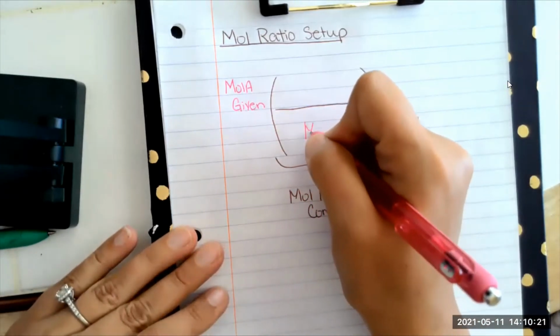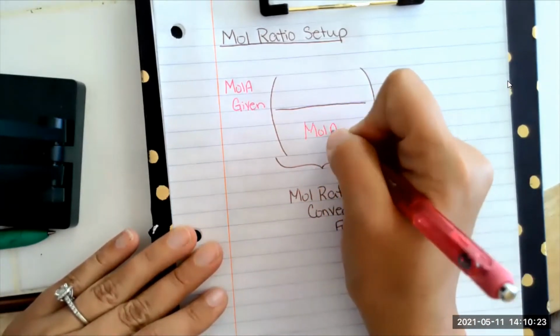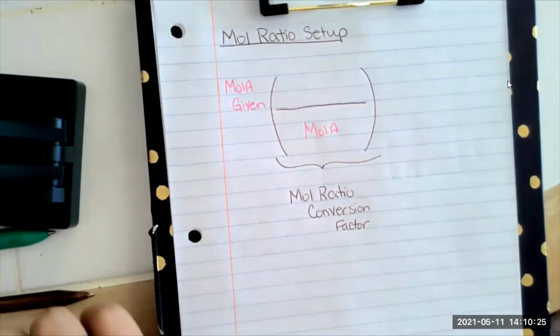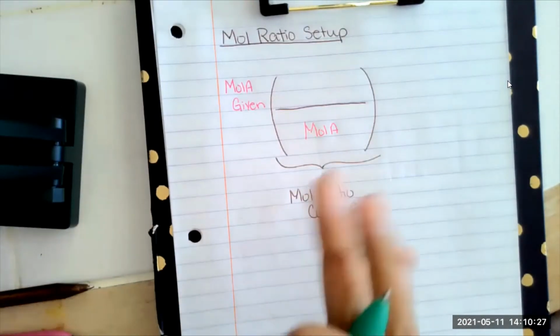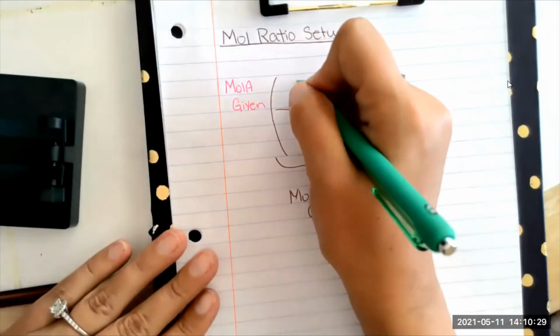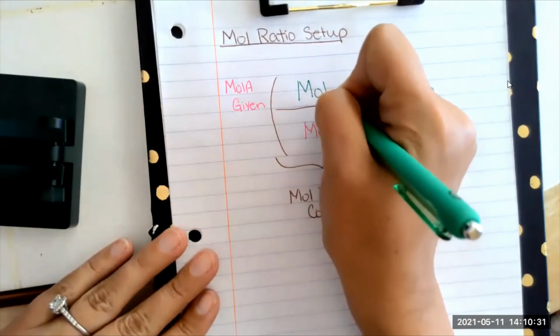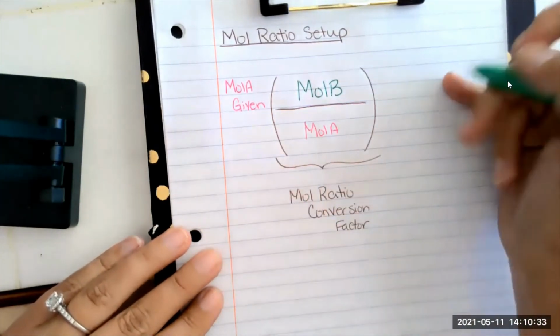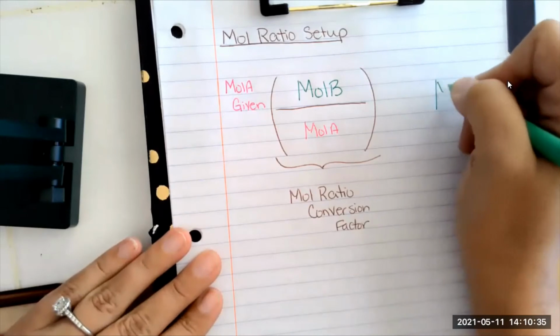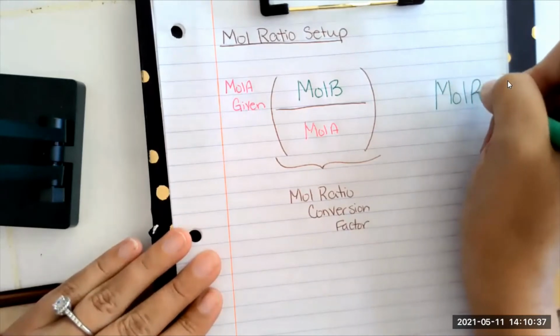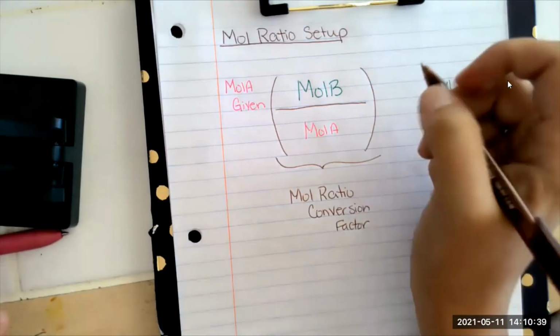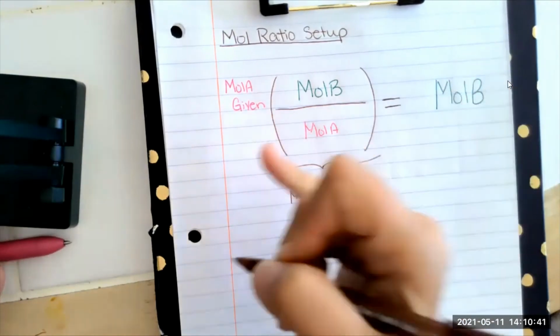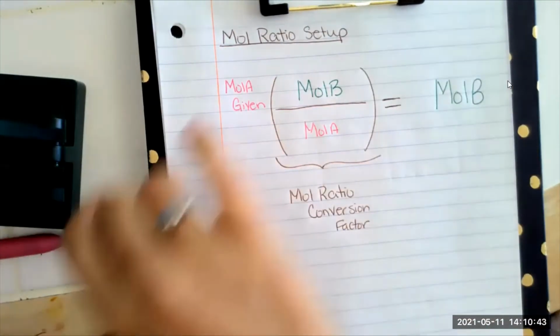Because remember, mole A has to be able to cancel out, leaving mole B, and mole B is what we call what we need on top. And then you end up being able to solve for mole B. This is the setup that you should be using for all your mole to mole conversions.